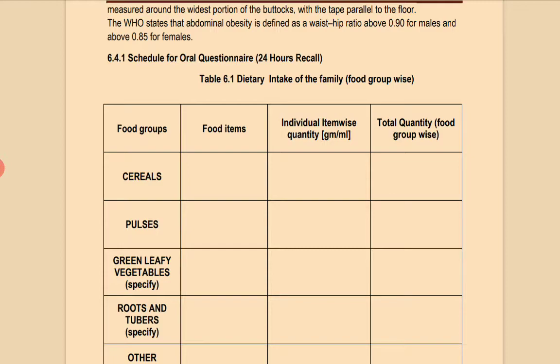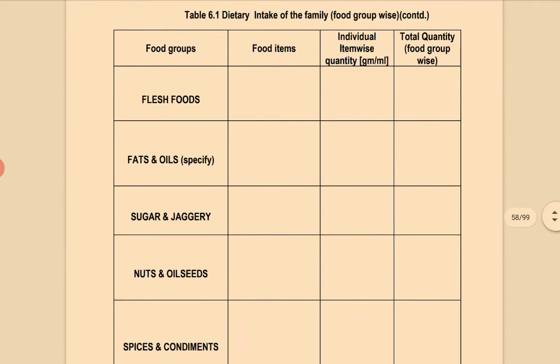Like cereals, they are getting from both roti and from rice. You will write the food items there, individual item wise quantity, like 100 gram of rice, 200 gram of roti, something like that, and total food item will be 300. So you will write your food items list here by 24-hour recall.